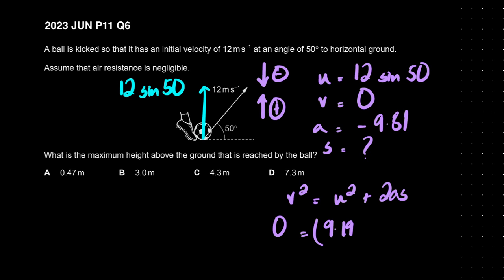This will be squared, plus 2 times negative 9.81 times s, and from here you just solve for s, right? So the answer should turn out to be C, 4.3.